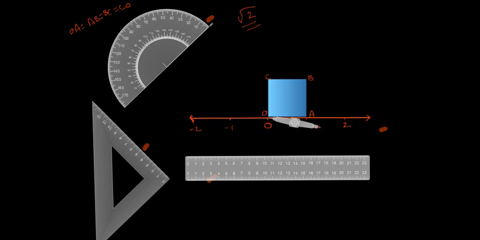You may observe here what I did. Here O as center, OB as radius. With the help of a compass, you may draw an arc.